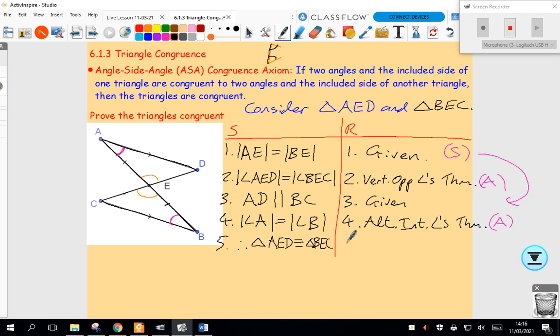And my reason here is the angle side angle congruence axiom. So other things we know in congruent triangles, this side would have to be equal in length to this side, and this angle here would have to be equal in measure to that.